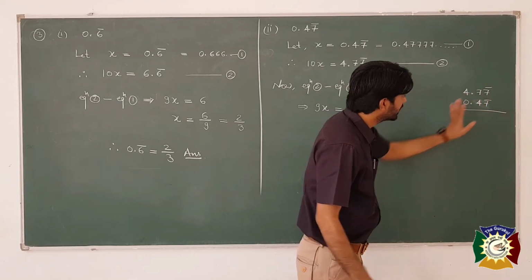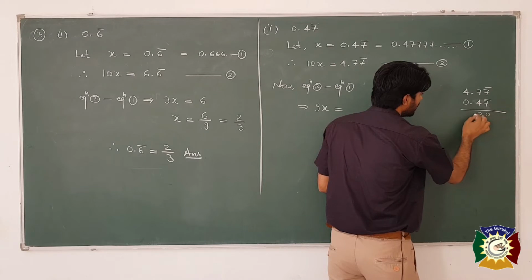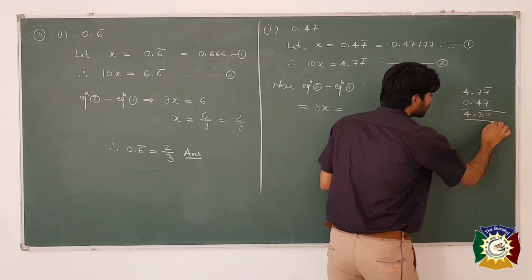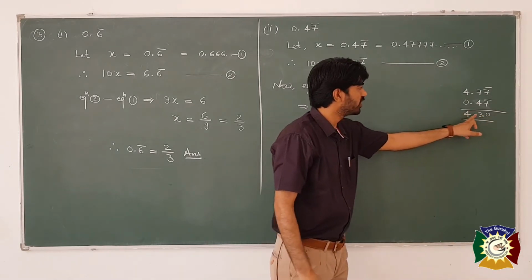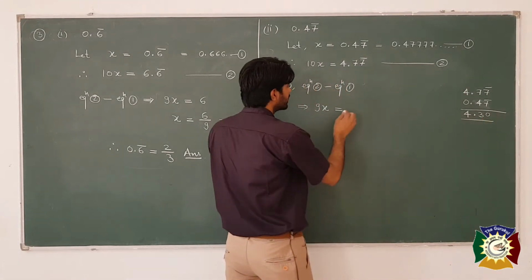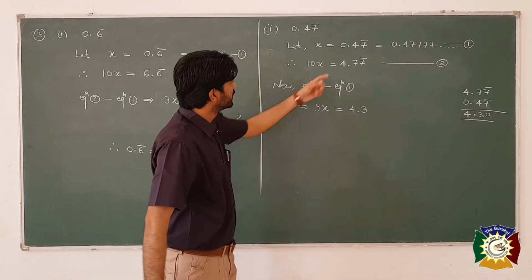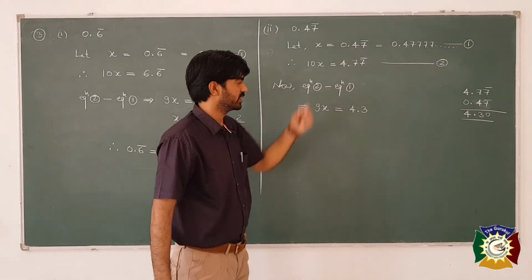Now this will get cancelled. So we are left with 0.7 minus 4, 3 point and 4. So what is left? 4.3. 0 we need not write after decimal. So it is equal to 4.3. This minus this number.